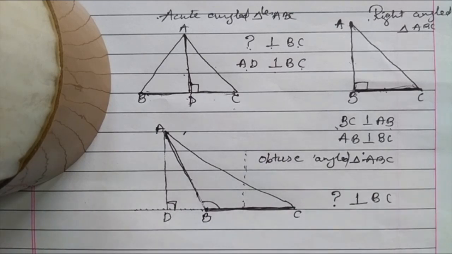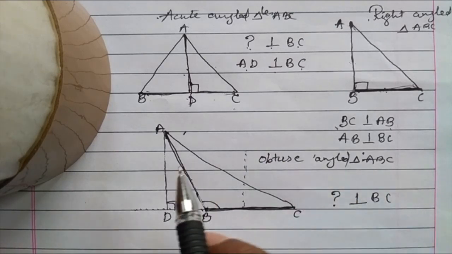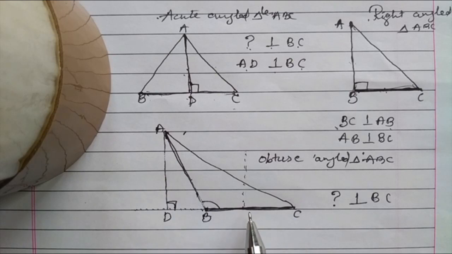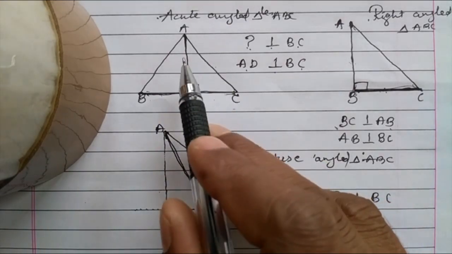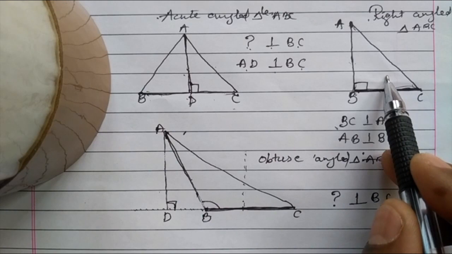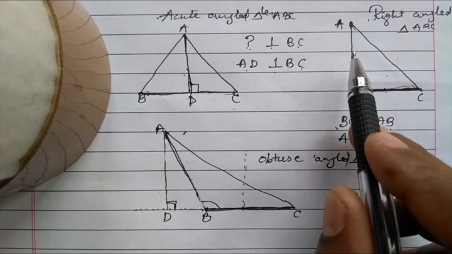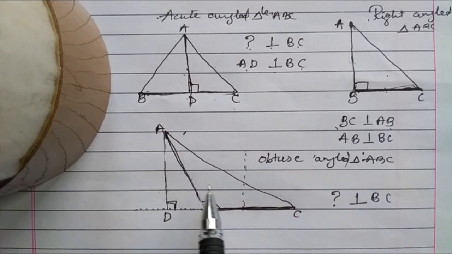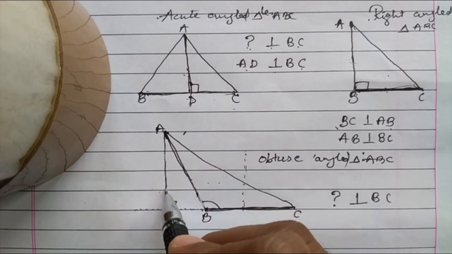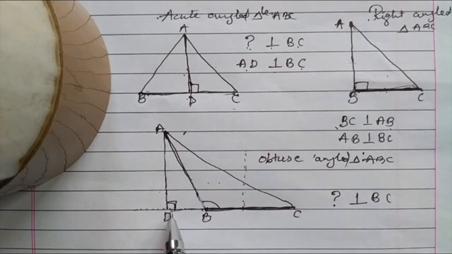Write it as D. Now in obtuse angle triangle, the perpendicular, otherwise height, to the base BC comes out of the triangle. In acute angle triangle, height is within the triangle. In right angle triangle, height is already a side. In the third type of triangle, obtuse angle triangle, height is not within the triangle, it is out of the triangle. So AD perpendicular to BC.